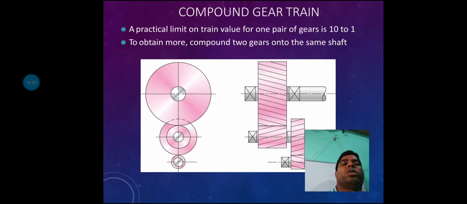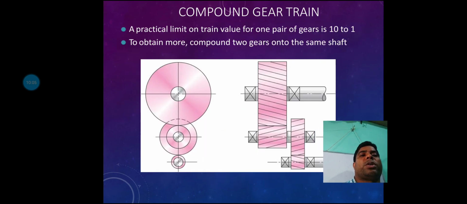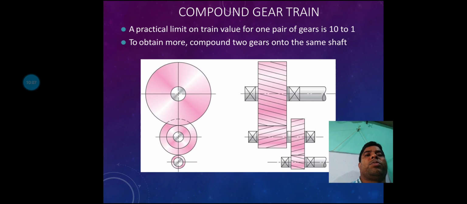The compound gear. So a practical limit of train value for one pair of gears is 10 to 1, and to obtain more, we compound two gears onto the same shaft.